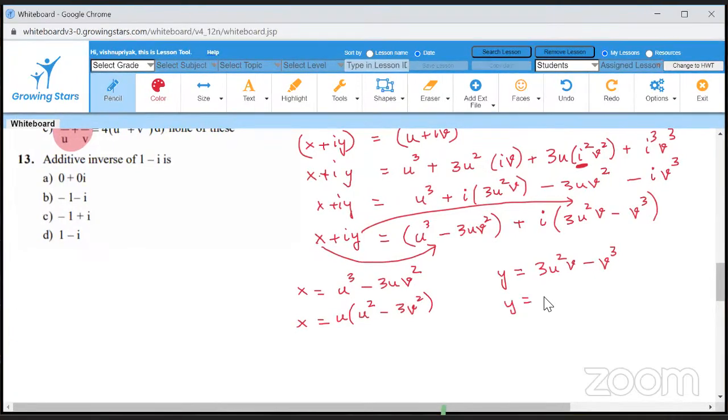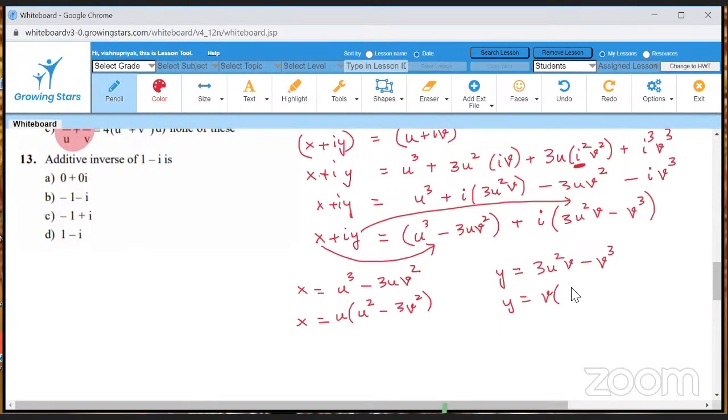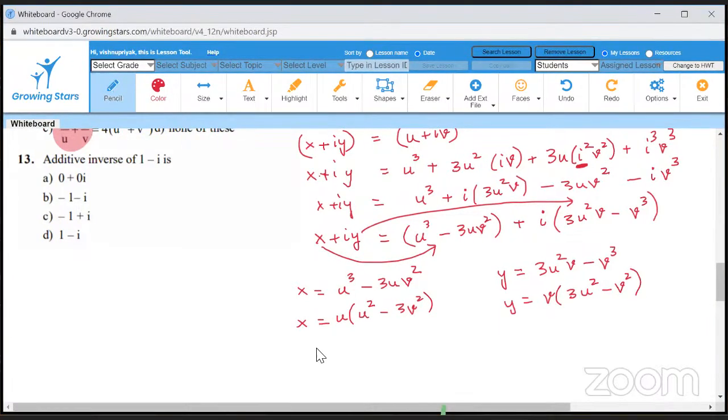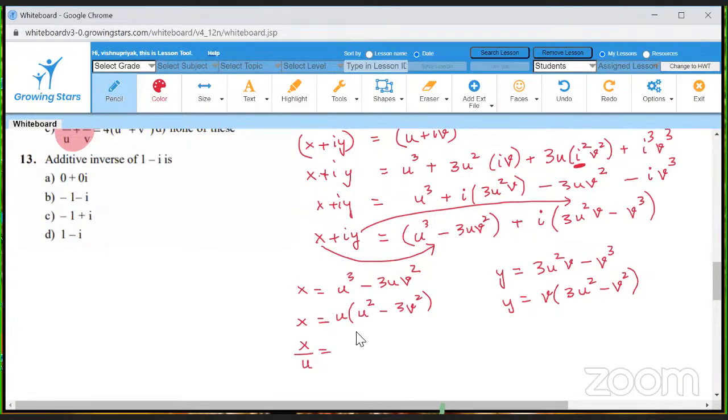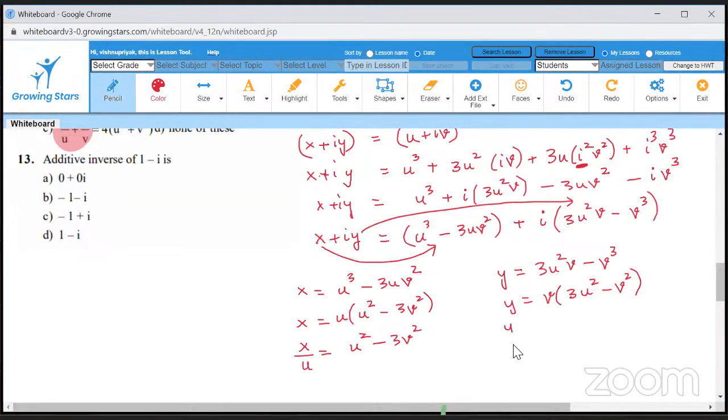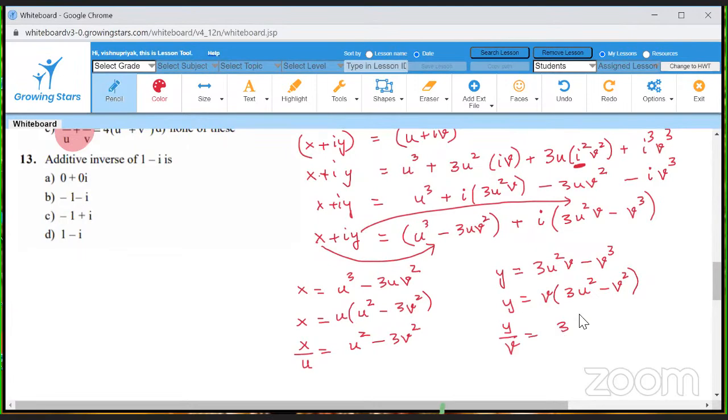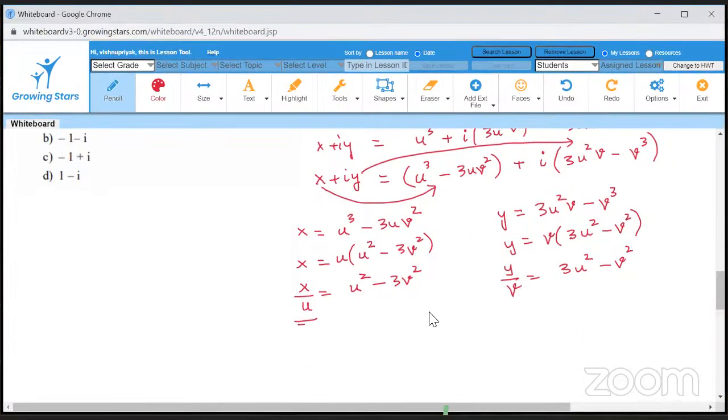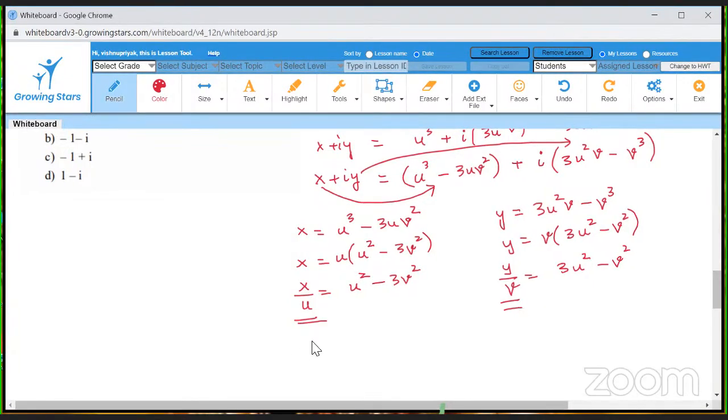I will take V common: 3U square minus V square. X by U will be U square minus 3V square. Y by V will be 3U square minus V square. Now I have to add these two and subtract these two and check which option will be correct.